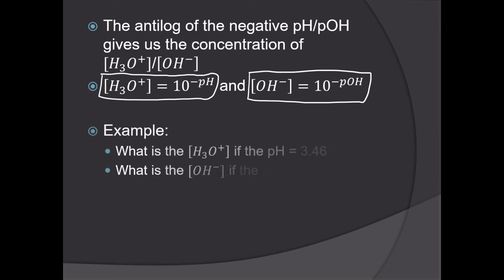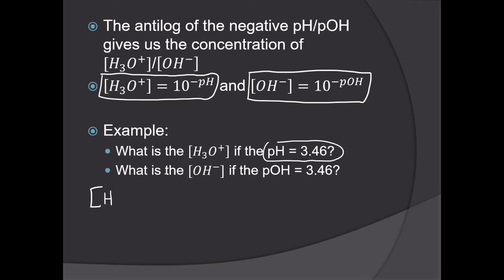So if I were asked to find the concentration of hydronium given a pH, then I can do the following. For this pH, the concentration of hydronium would be equal to 10 to the negative pH, 10 to the negative 3.46, and then we just throw that into our calculator.